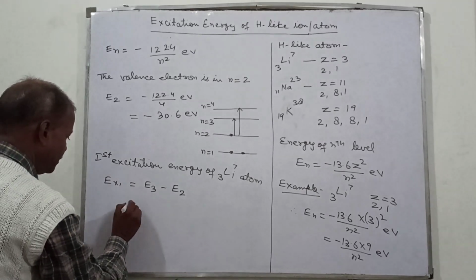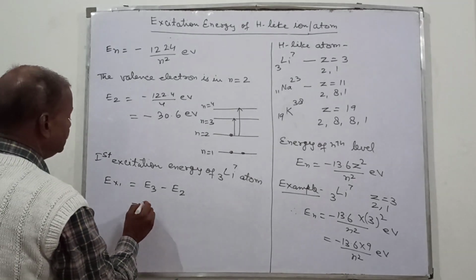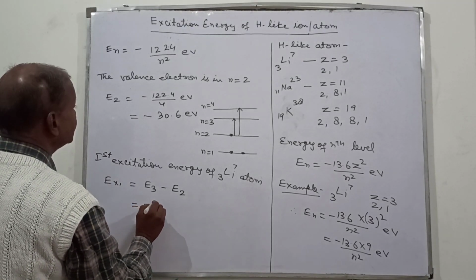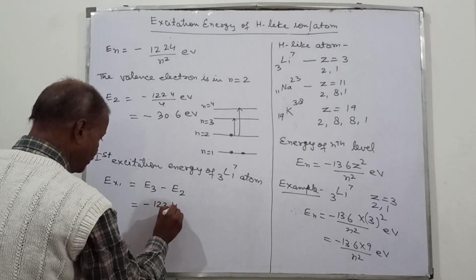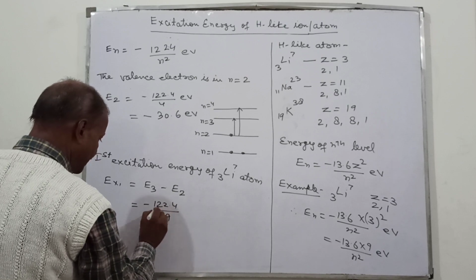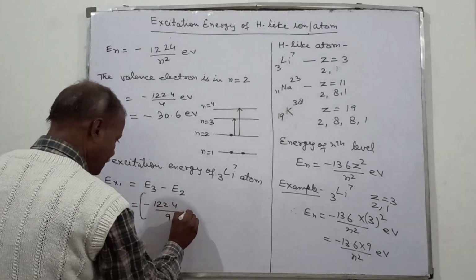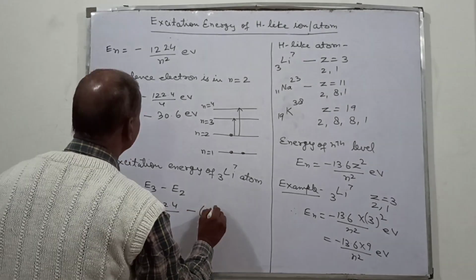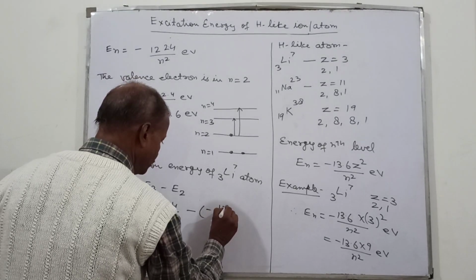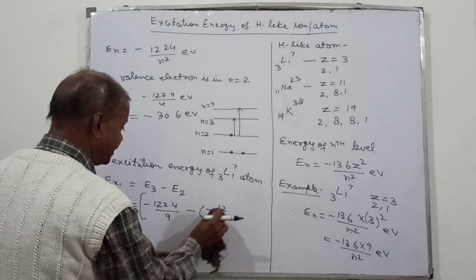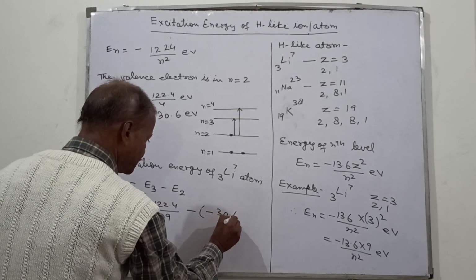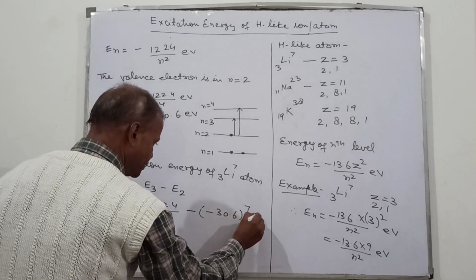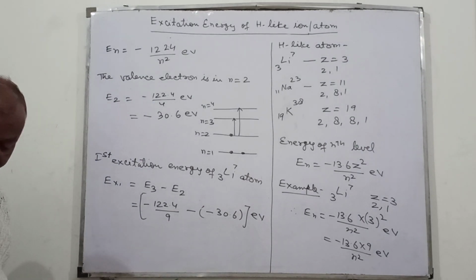So this E3 is equal to your minus 122.4 upon 9, minus 1 to. Now that we are getting to this one. This is now your minus 30.6, so much electron volt.